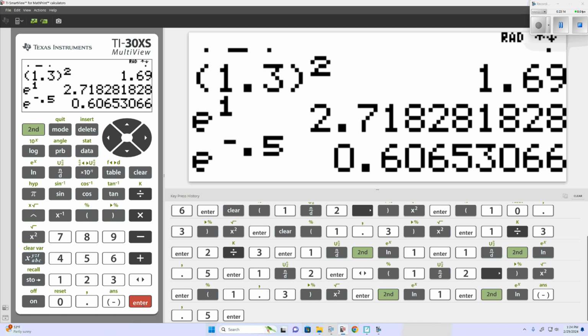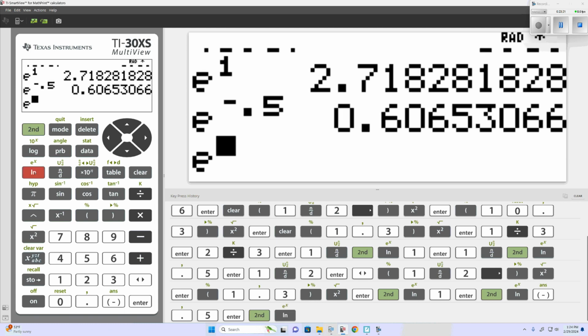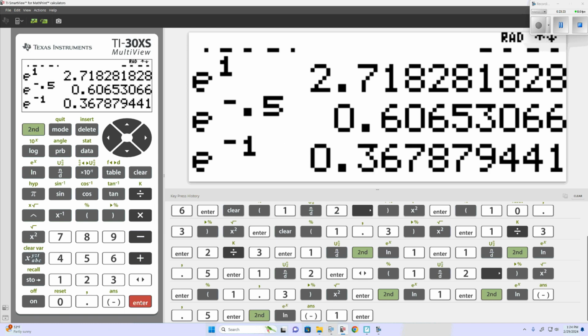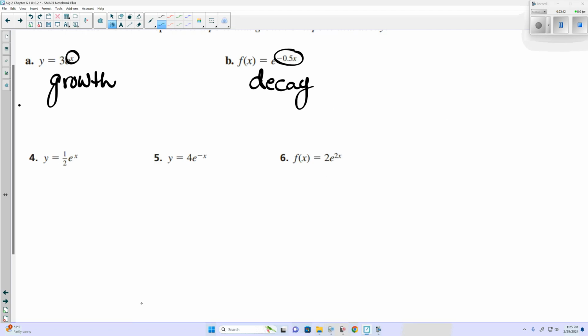It's less than 1. So it is decay. Let's just say negative 1. Still less than 1. So it's not so much the number, it's the fact that it's negative. Because we said when the exponent's negative, we have to move it from the numerator to the denominator, from the top to the bottom. So that e value goes from being on top to now being on the bottom. That's why it's decay.